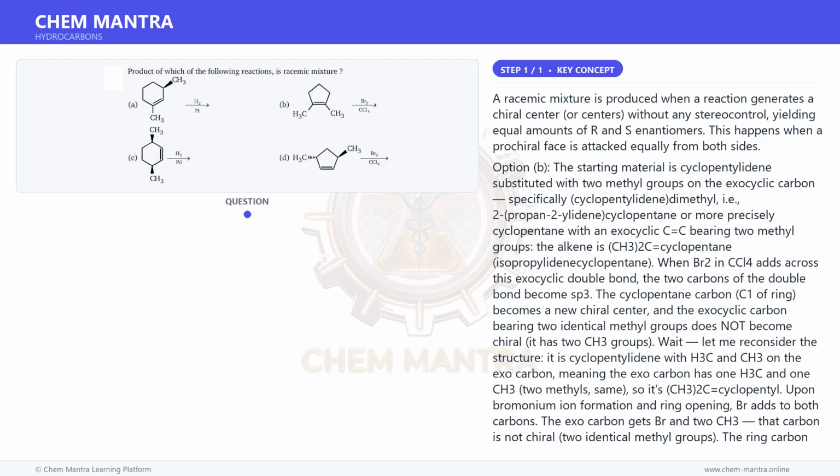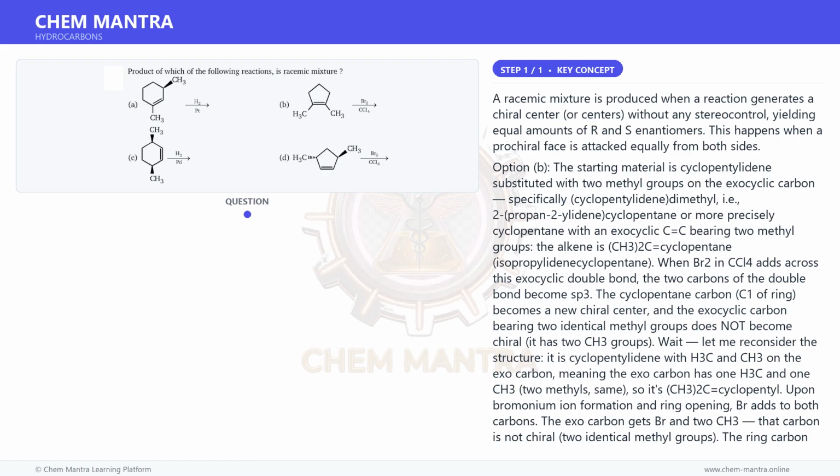When Br2 in CCl4 adds across this exocyclic double bond, the 2 carbons of the double bond become sp3. The cyclopentane carbon, C1 of the ring, becomes a new chiral center, and the exocyclic carbon bearing 2 identical methyl groups does not become chiral, it has 2 CH3 groups.